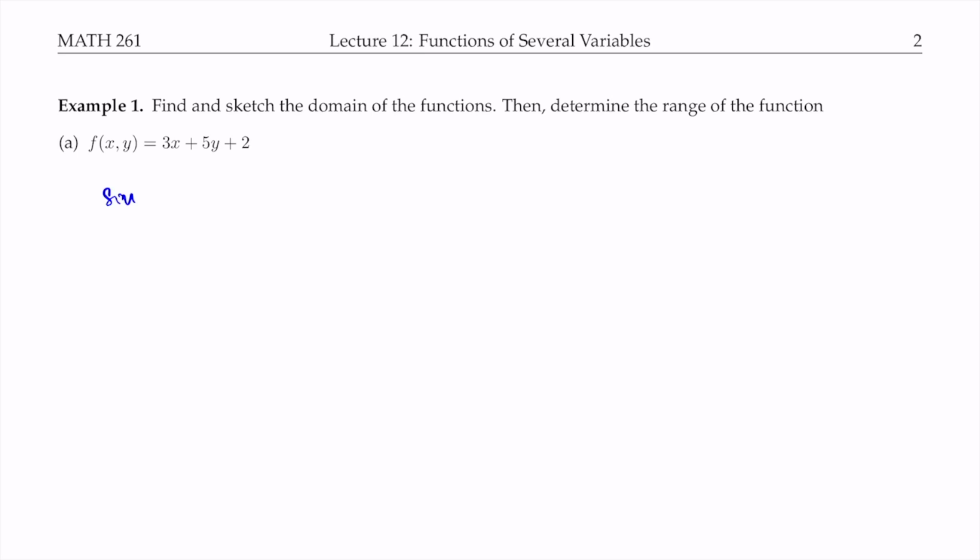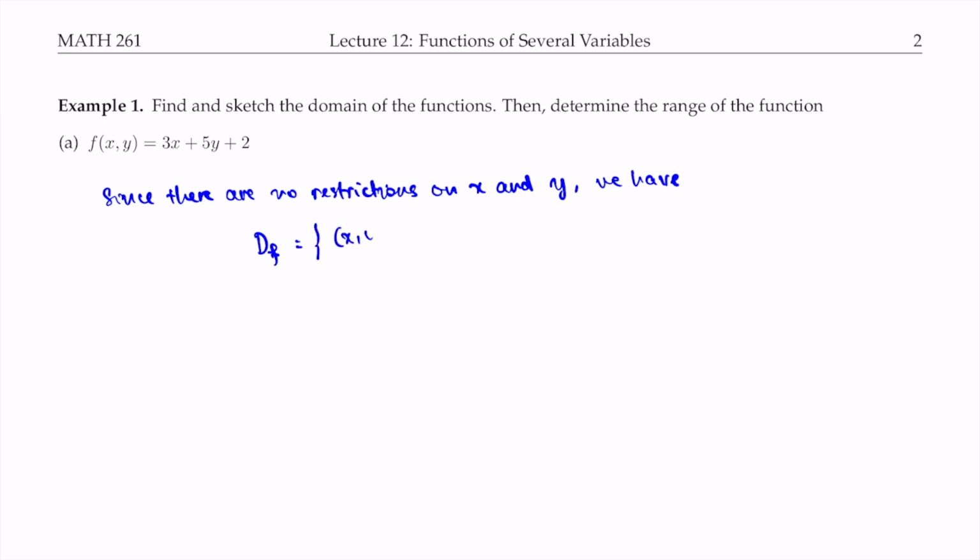So you say that since there are no restrictions on x and y, the domain of the function, which I denote as D sub f, is equal to the set of all the points x, y in R2, or you can just basically write R2 for the answer. Now for the range of the function, again, there's no restrictions on x and y, so it takes in any value of x and y and produces all the real values for z.